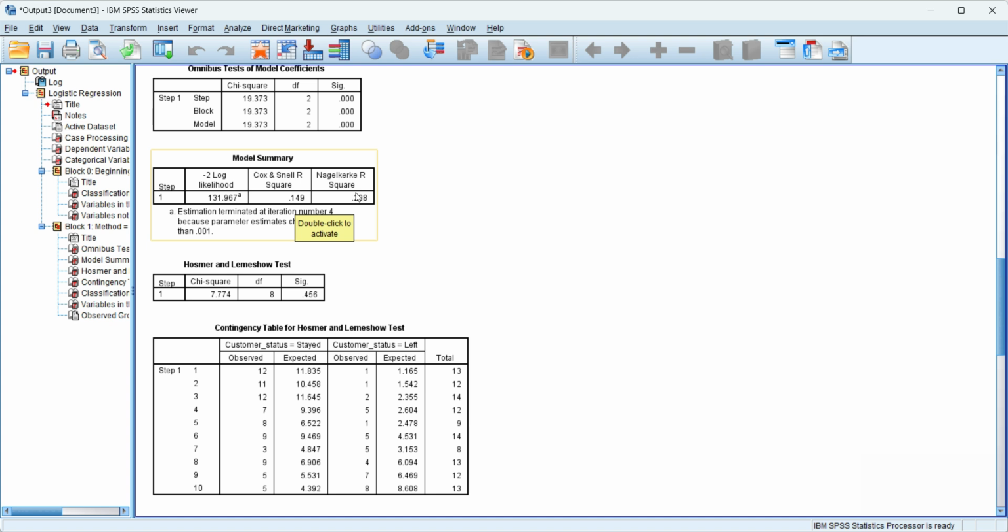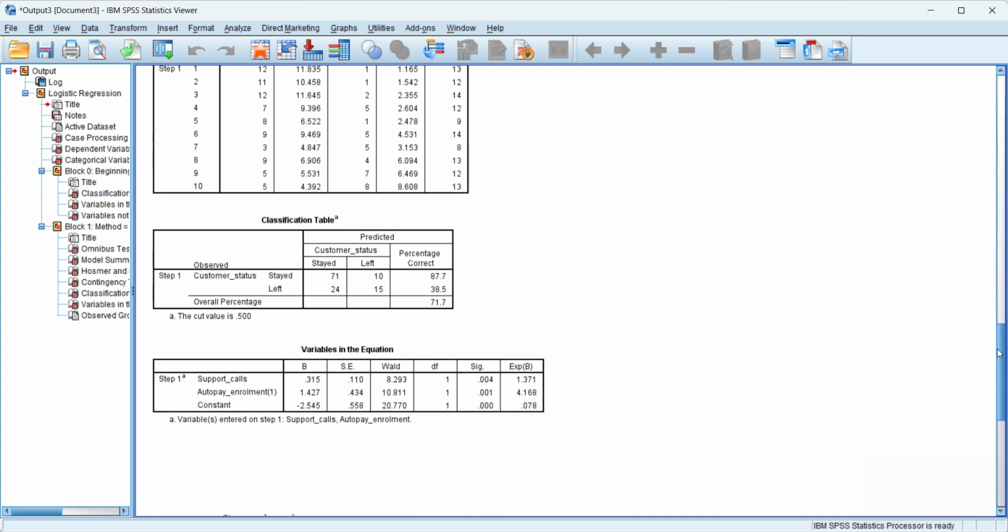And in case of the other R square, 0.208 means 20% of variance explained in customer status. As well, the Hosmer and Lemeshow test suggested that the chi-square is 7.774 and the value is greater than 0.05. So it means there is no calibration problem in our data.